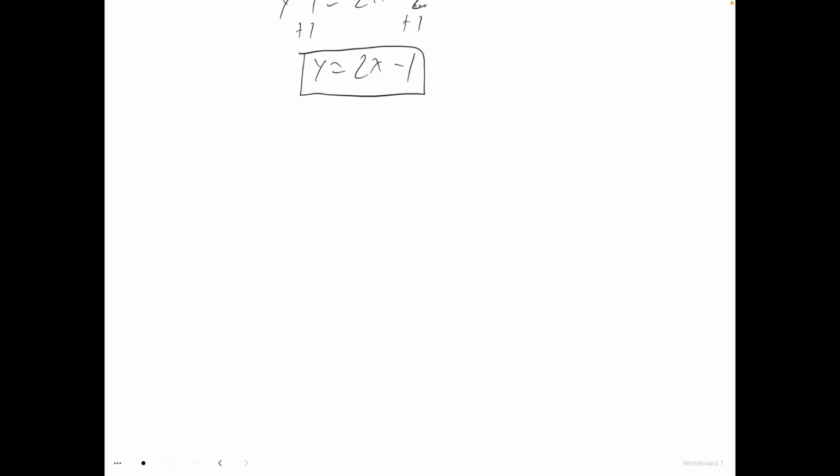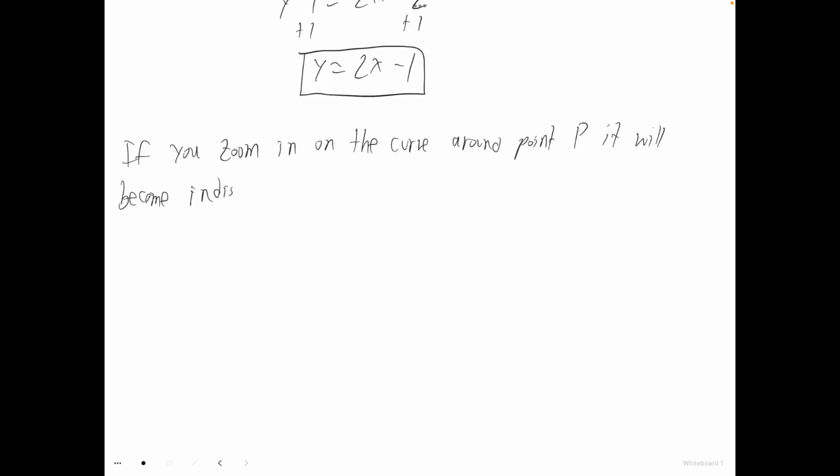And the reason for that is if you zoom in on the curve around point P, it will become indistinguishable from the tangent line at that point.